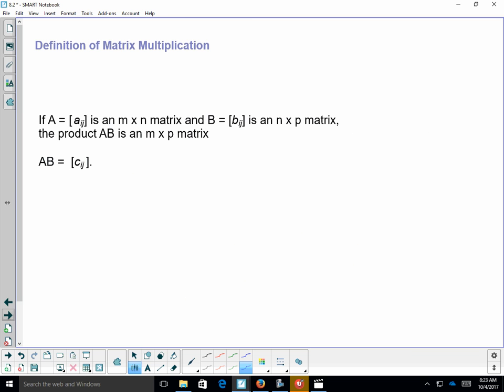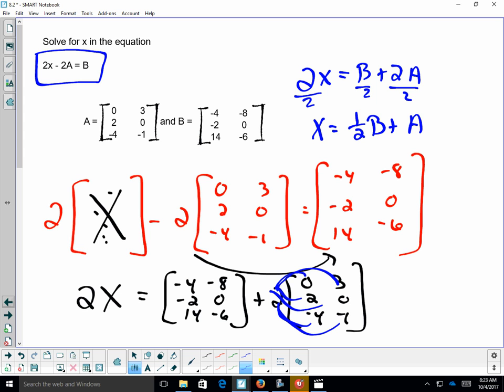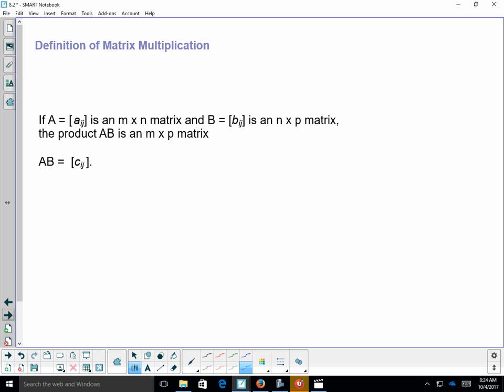Okay, now we're going to multiply matrices. Remember, up until this point, we said to add and subtract, we had to have the same order. So this was a 3×2, this was a 3×2, and that's why we could add and subtract. When I go to multiply, that's not going to be the case anymore. When I multiply, if I have a 3×2, I can multiply that by a 2 by, let's say, 4.